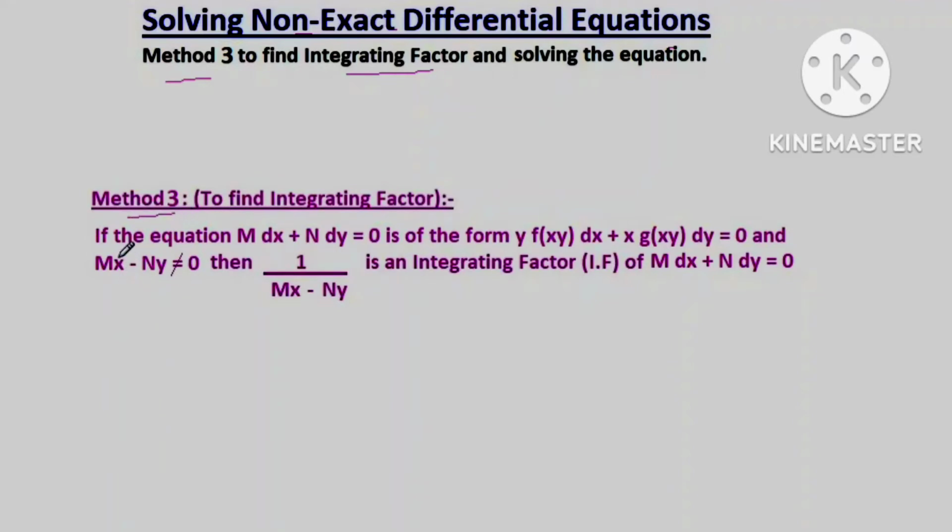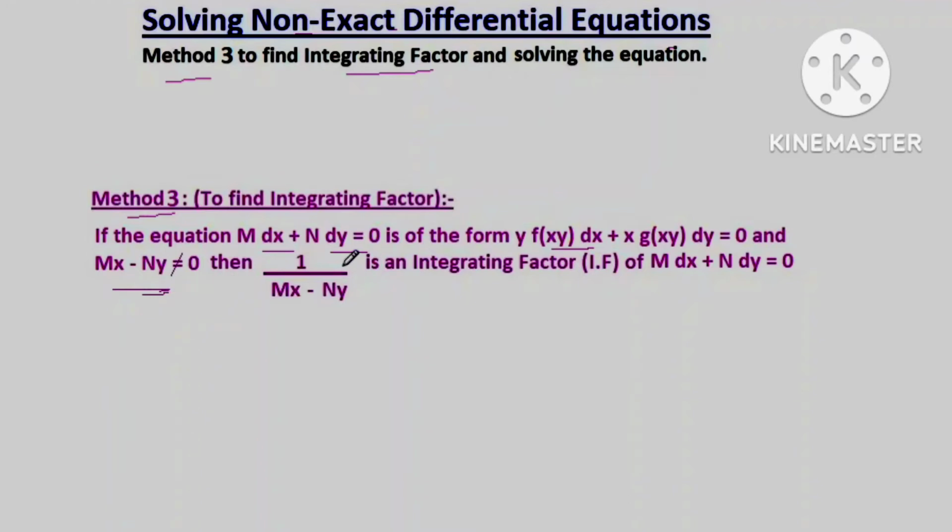What it says is, if the equation M dx plus N dy is equal to 0 is of the form y into f of xy dx plus x into g of xy dy is equal to 0, and Mx minus Ny is not equal to 0. So that means we are talking about two conditions. The first condition is it should be of the form y f of xy dx plus x g of xy dy is equal to 0, and the second condition is that Mx minus Ny is not equal to 0.